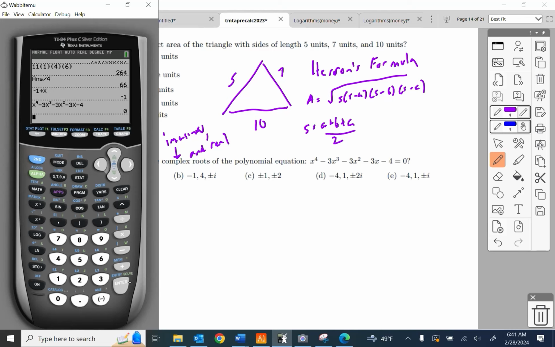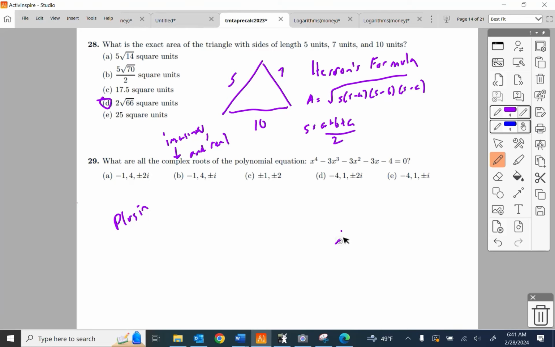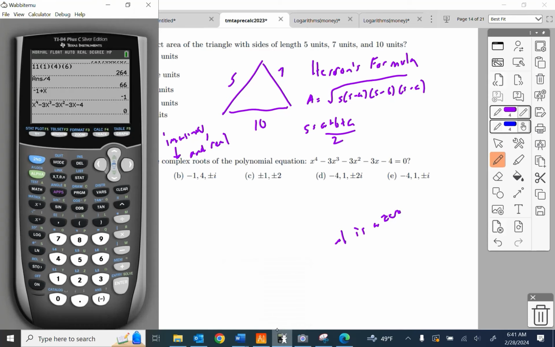Okay, so here's what I've learned. I've learned -1 is 0. Let's check that 4. 4 store X. You guys this year haven't really gotten to use the calculator like last year. Scroll up. 4 is a 0.